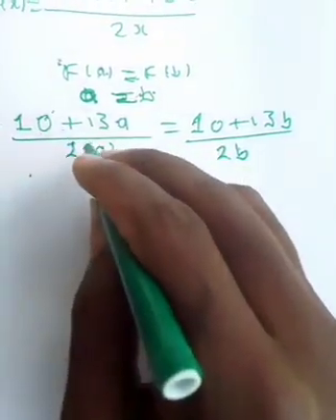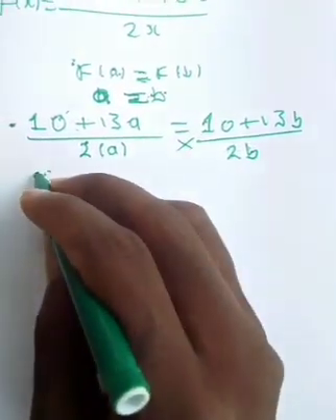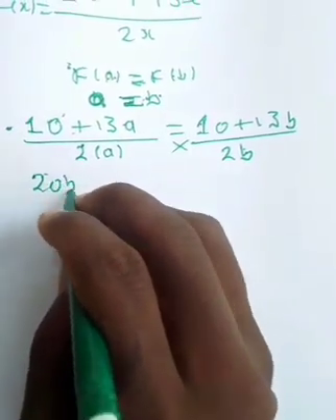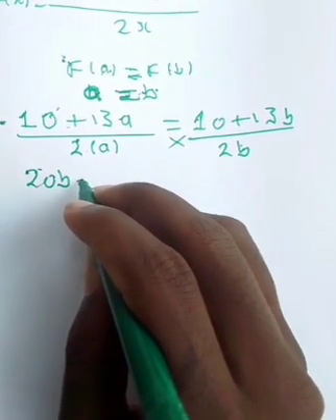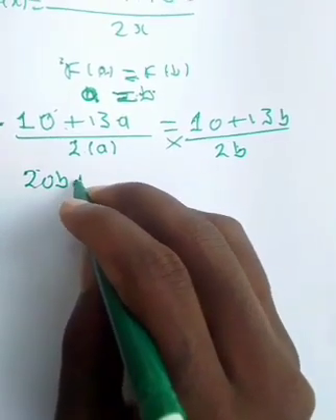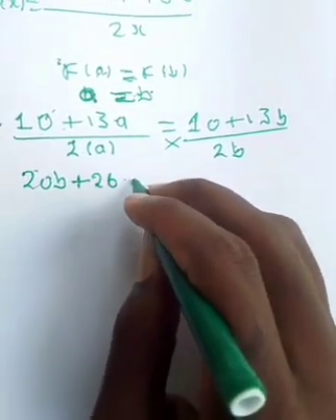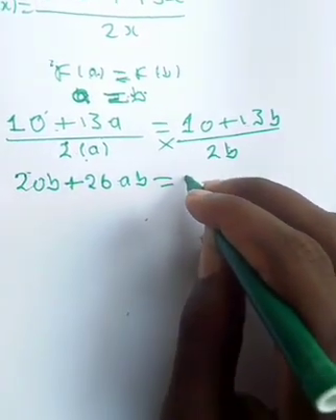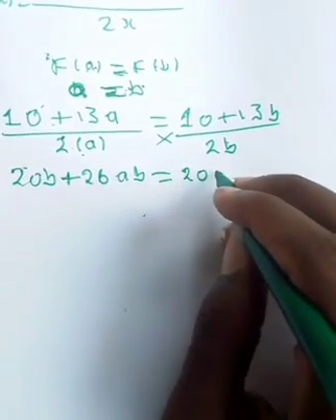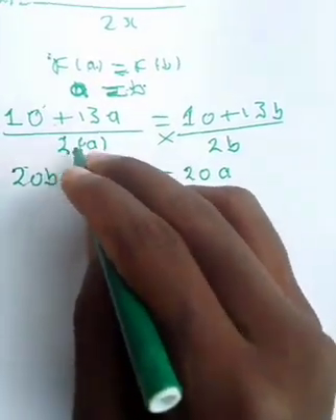Now we can cross multiply. 2 times, we cross multiply them. So it's going to be 20b, and 13 times 2, that is 26ab, and 2a is going to be 20a. This is 2a basically.